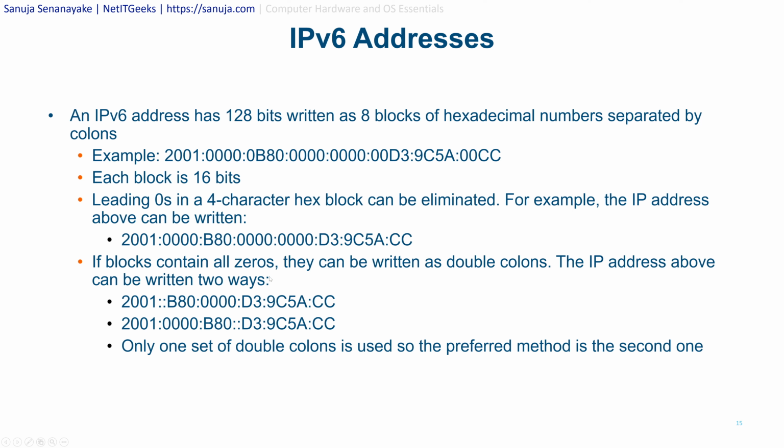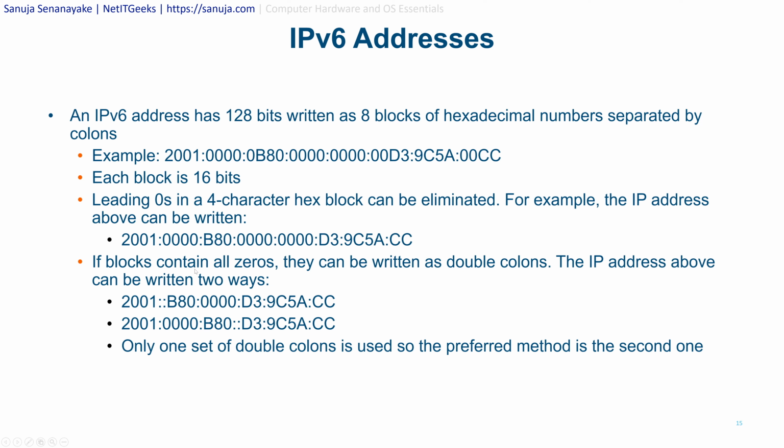If a block contains all zeros, it can be written as double colons. So the IP address above can be written in 2 ways. For example, in this block we have all zeros, and these 2 blocks we also have all zeros. So you can either write 2001 : B80 : 000 : D3 : 9C5 etc., or you can write 2001 : 000 : B80 : and so on and so forth.